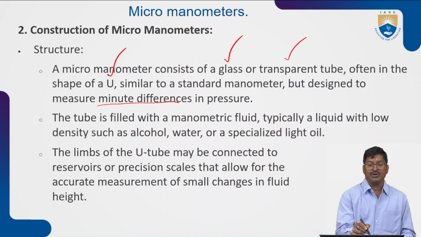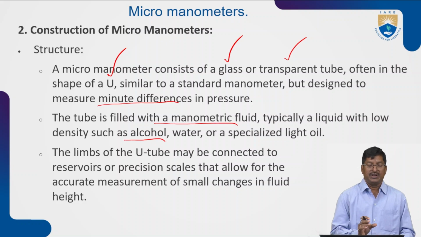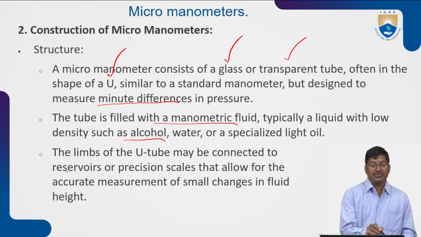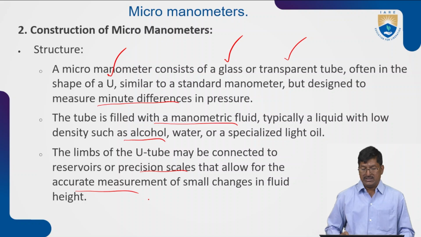Here the manometric fluid will normally be alcohol. That means a very low density manometric fluid we can utilize here to get minute differences in pressures. The limbs of the U-tube are connected to reservoirs for pressure scales for more accurate changes.